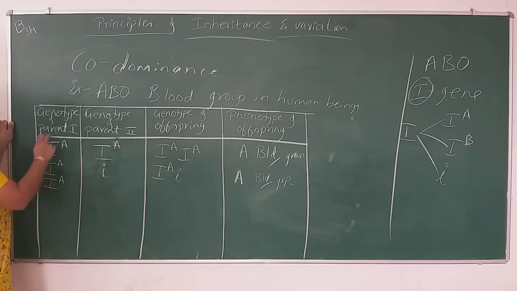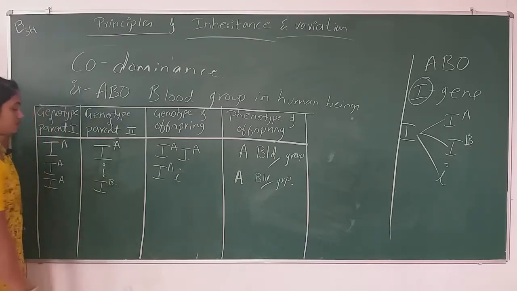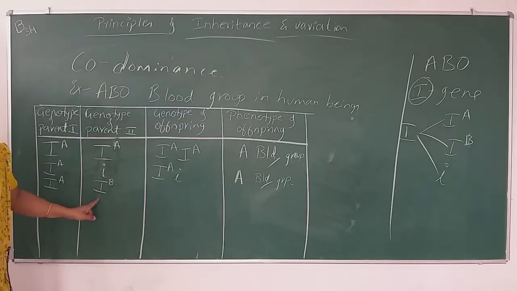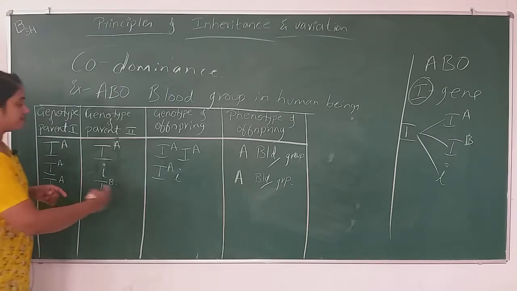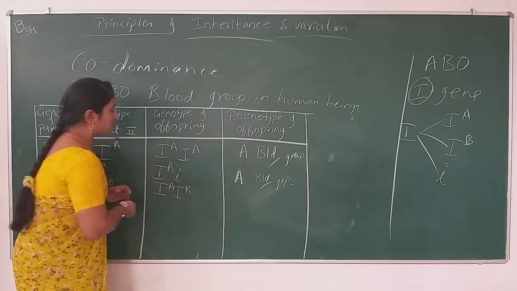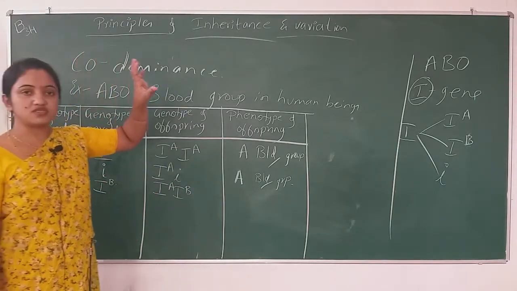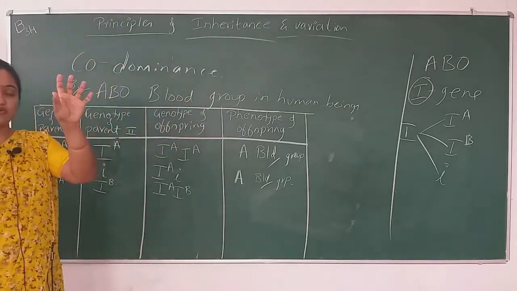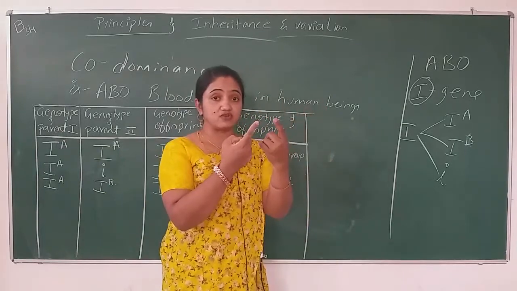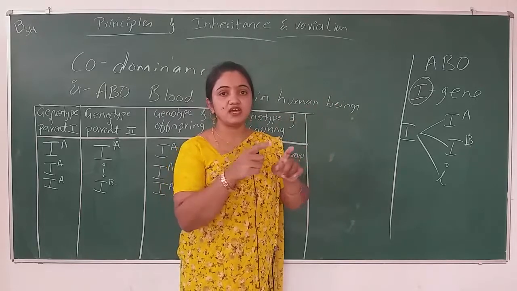Alright. If an A type man marries a B type woman, B type meaning having this type of genotype, what will be the offspring genotype? Remember, we are in codominance. This is the situation where the heterozygous genes both express equally.